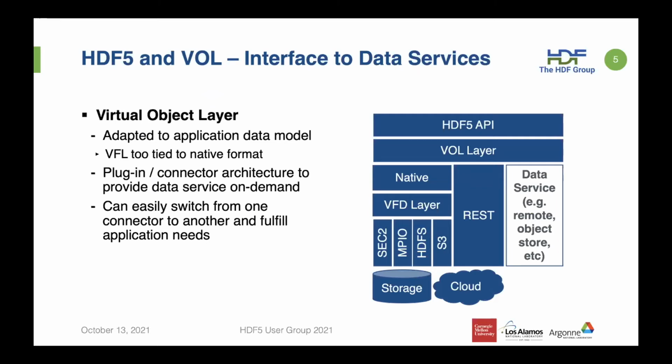One solution introduced with HDF5 is the virtual object layer. The virtual object layer is really a portal to new data services that we can feed to HDF5. The nice thing with the VOL is that it can be directly adapted to the application data model.